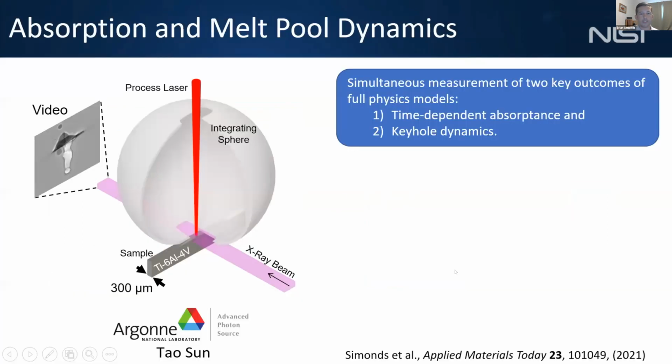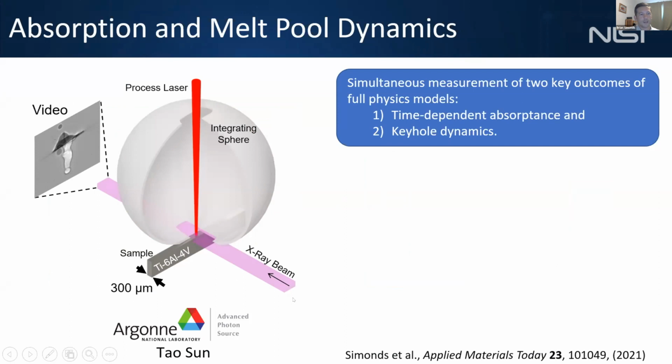So what I'll be talking about mainly today is how we've combined these absorption measurements with an integrating sphere with high-speed X-ray imaging. This is a technique that many are using. Tao Sun, formerly at APS at Argonne National Labs, was our collaborator here.